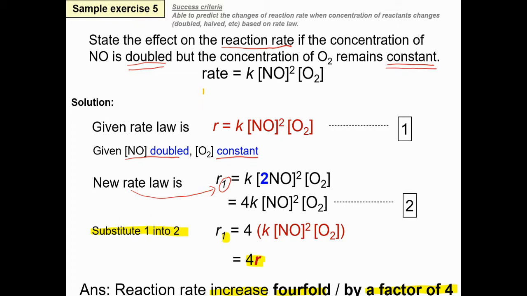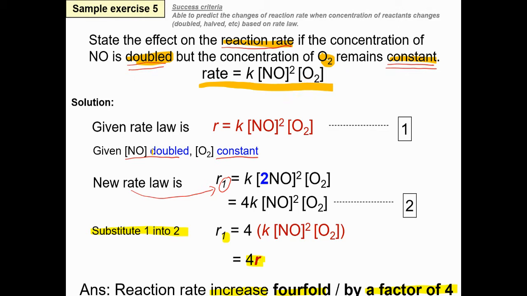State the effect on the reaction rate. This time we focus on reaction rates, which we also use the rate law for. If the concentration of nitrogen monoxide is doubled, but the concentration of oxygen remains constant. They will give you the rate law. So what happens when we change the concentration of one of the reactants or both of the reactants?